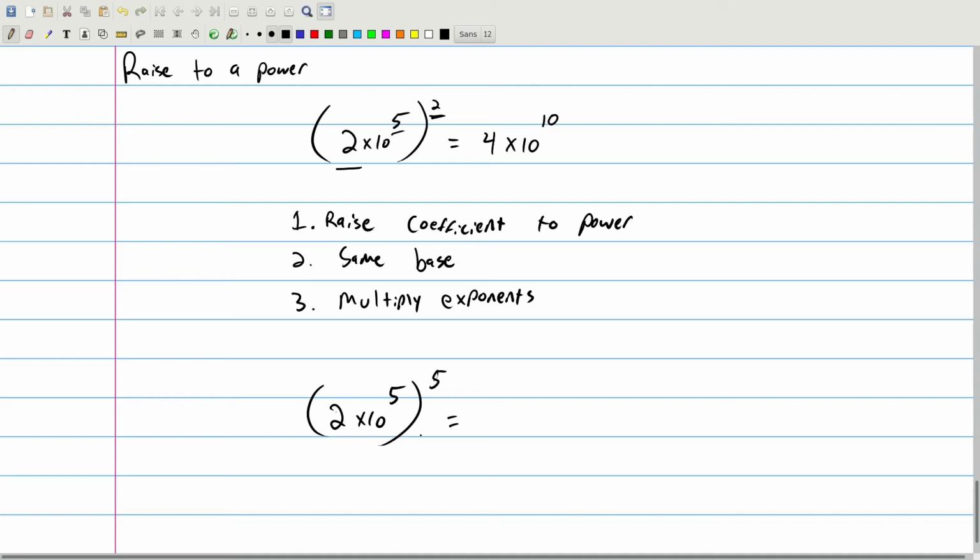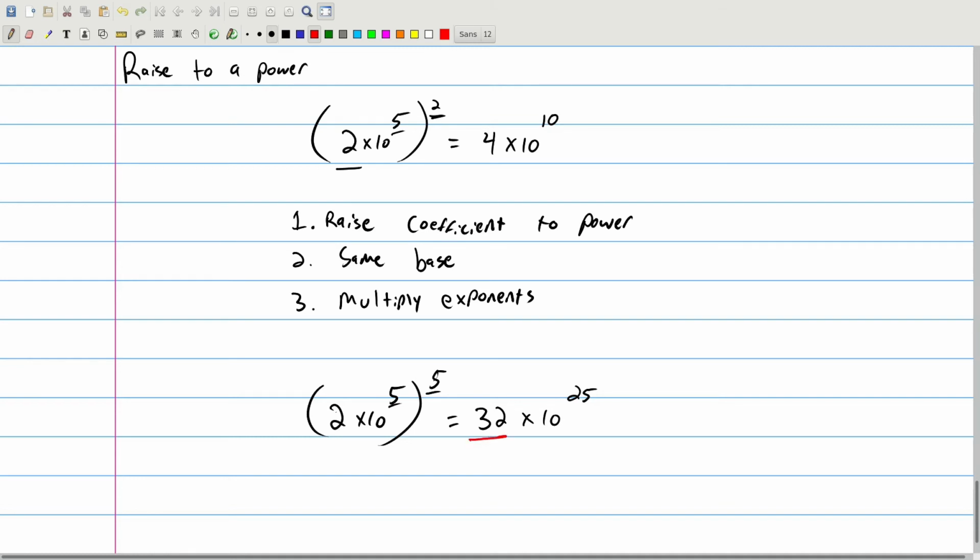So 2 times 2 is 4. Times 2 again is 8. Times 2 again is 16. Times 2 again is 32. So 2 to the 5th is 32. Times 10 to the 5 times 5, which is 25. Now, this might look like okay scientific notation, but there isn't something quite right.